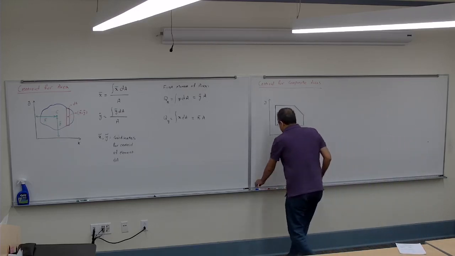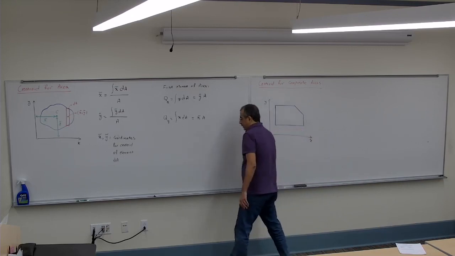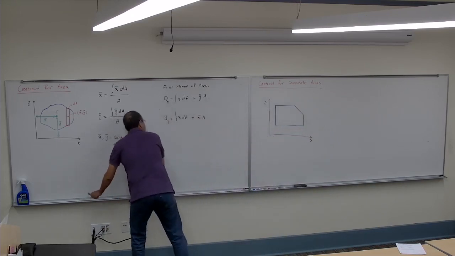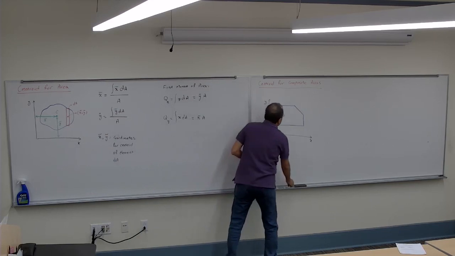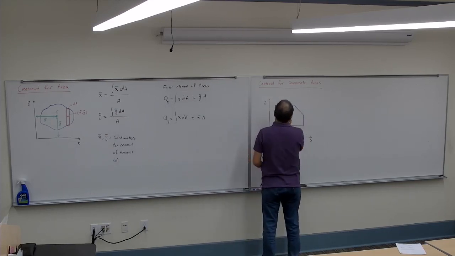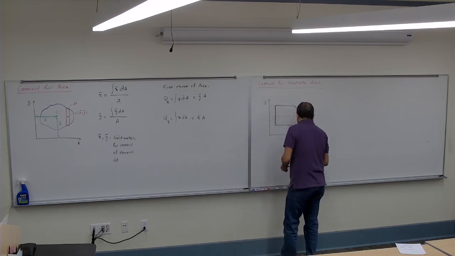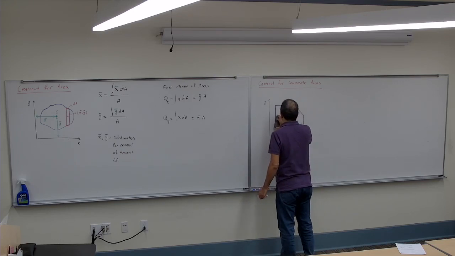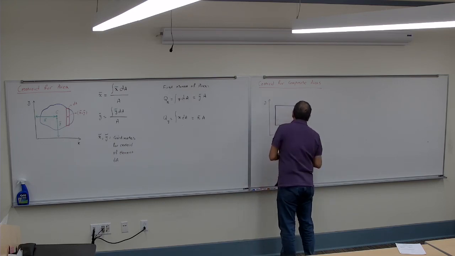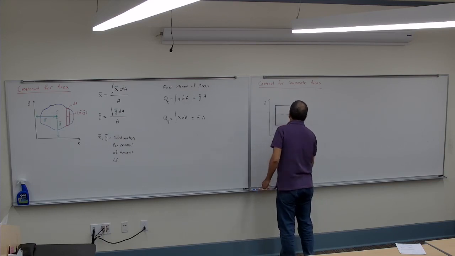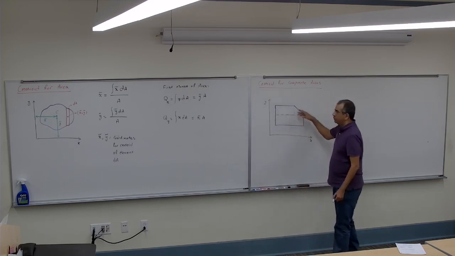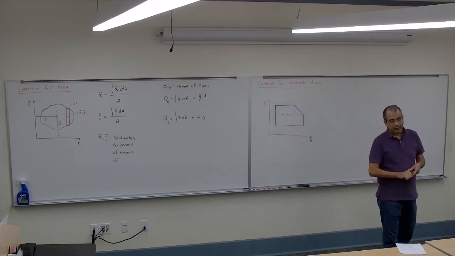Remember that sometimes there's a different way to break them. For example, I can break that into this and this and this. So break it into 3 areas: one, two, 3. So there are 3 areas that I know their shape.